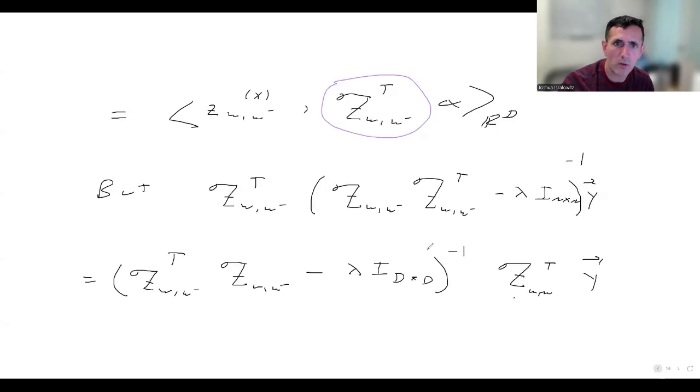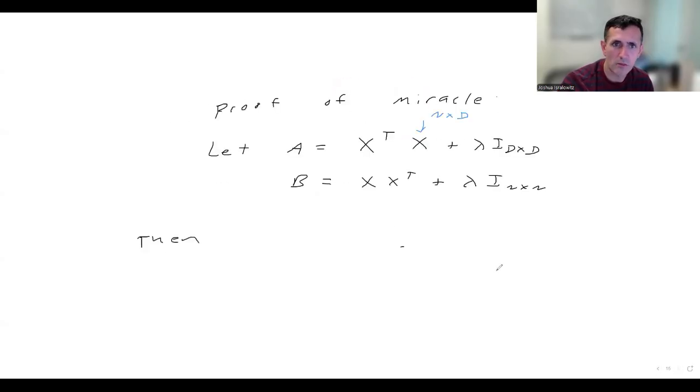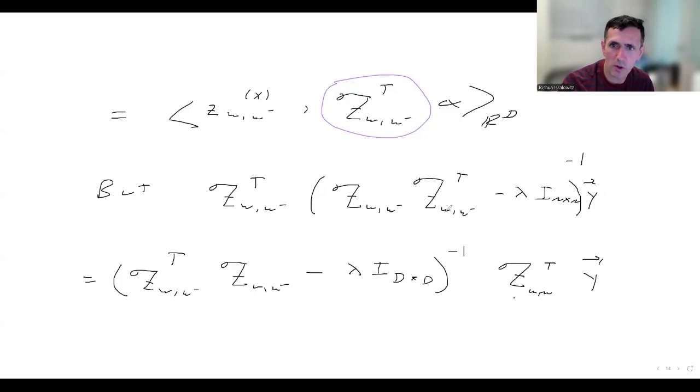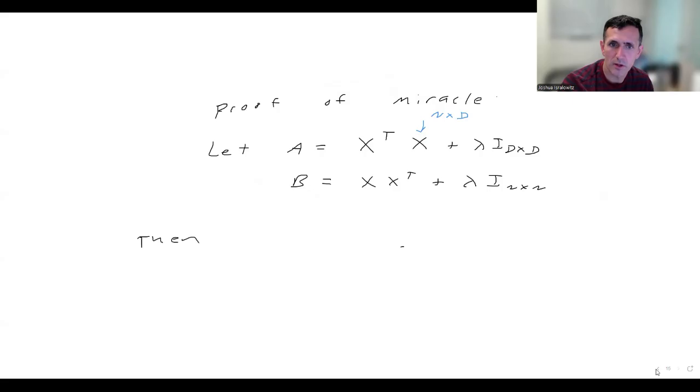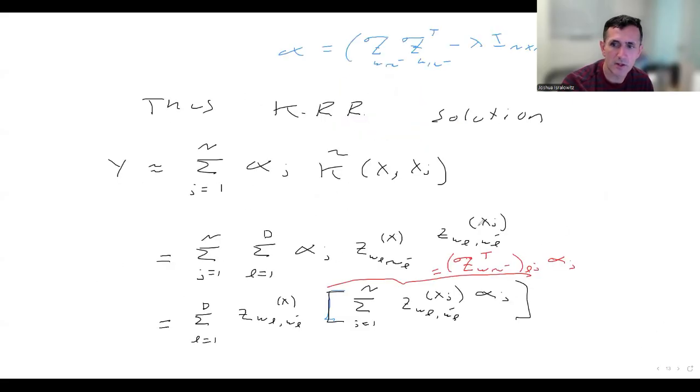All right, so what do I want? I want transpose. So here, it's x transpose B inverse. That's what I have on the left-hand side.